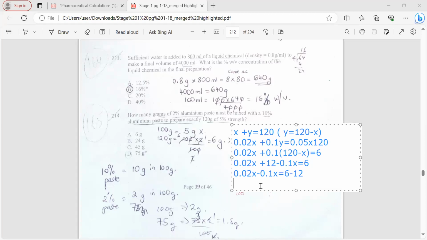So you do 6 divided by 0.08 and get 75. Yes, that's true. x equals 75.